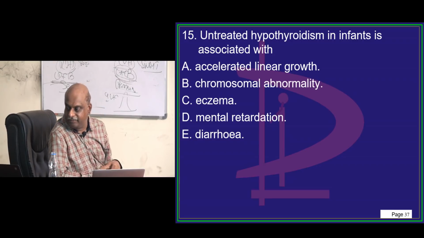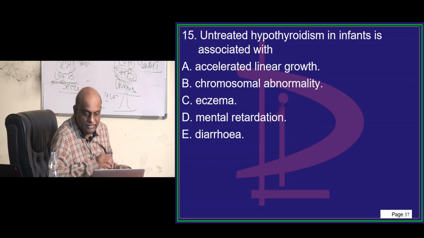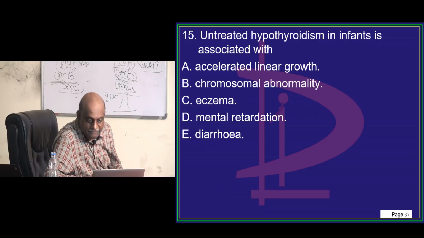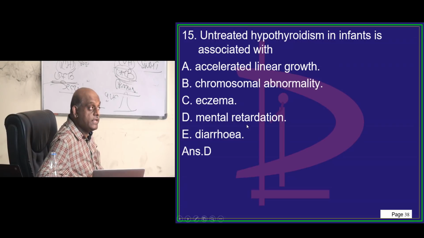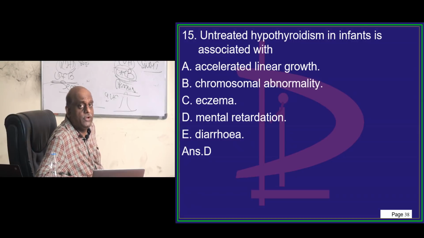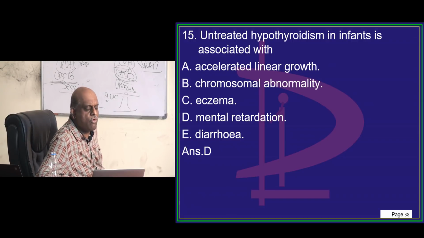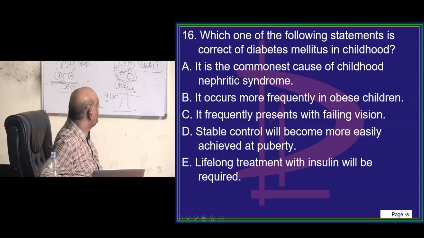Very good. So, a good number of you are saying D. That's right. That's the reason detecting hypothyroidism in a newborn is very important. It is one of the most preventable causes of mental retardation is what you should remember.